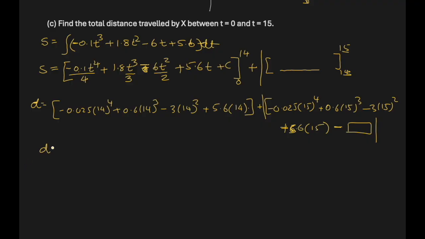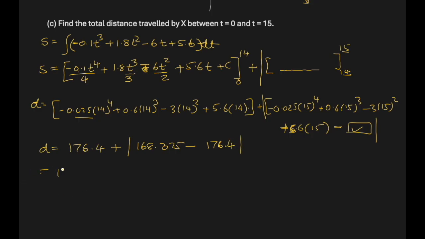So what I'm getting here is 176.4 for this whole bracket, plus there will be an absolute. For substitution of 15, I'm getting 168.375, minus the same value 176.4.